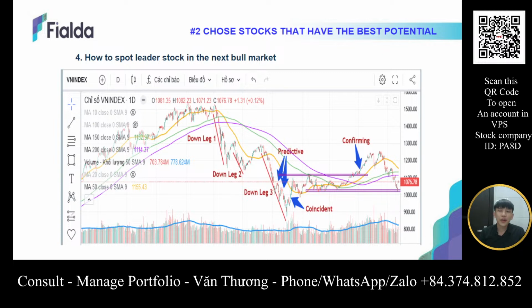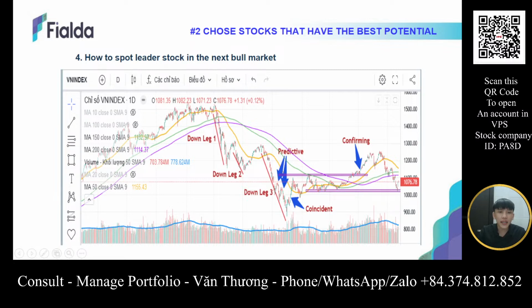I've used this philosophy for a long time, and I always catch the leader stocks and leader sectors in the new bull market.